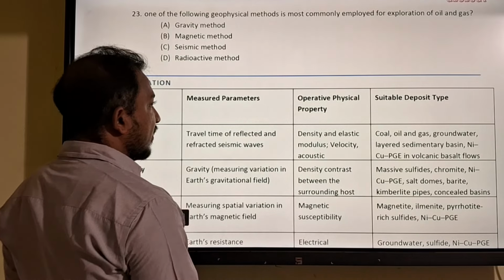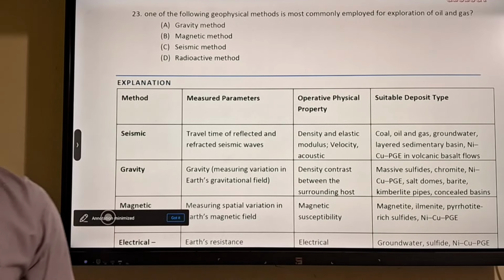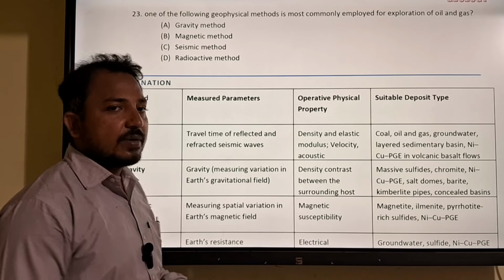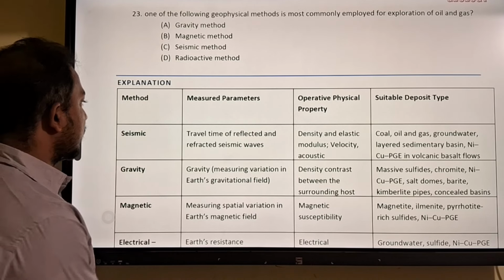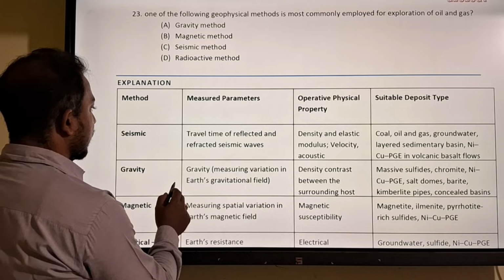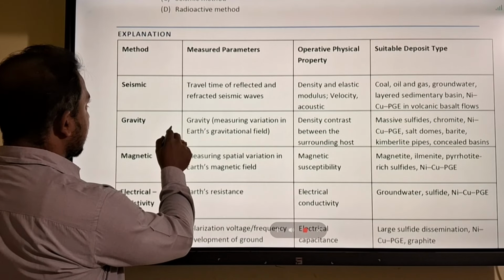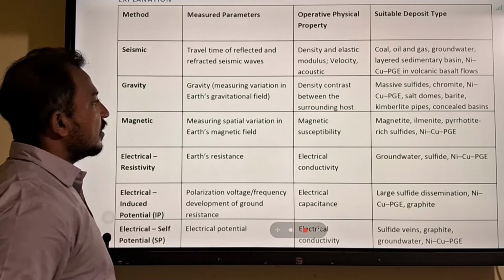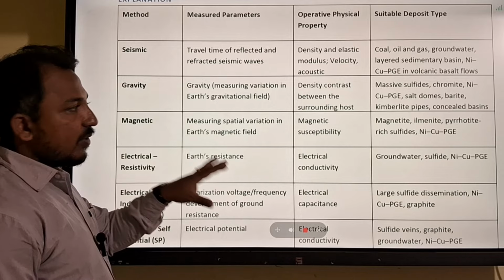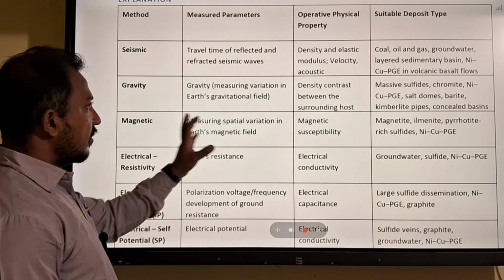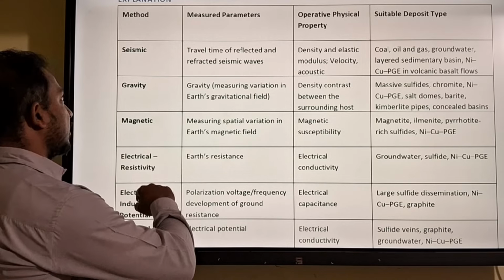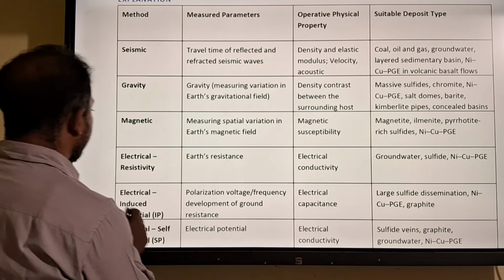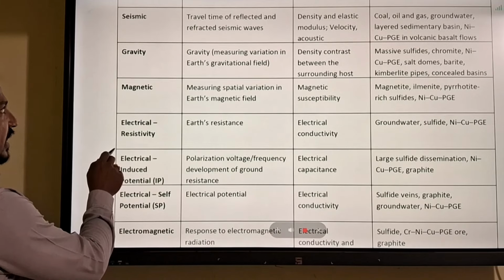So I have given this table so that you can remember the different methods and their suitable deposit type. You can pause this and write down all these methods, their major parameter and suitable deposit type. It will be very helpful for other exams.